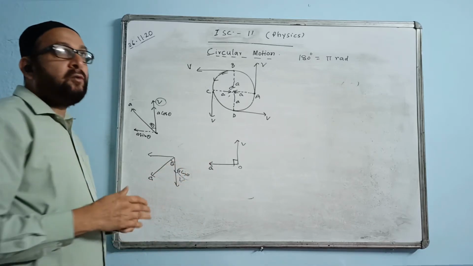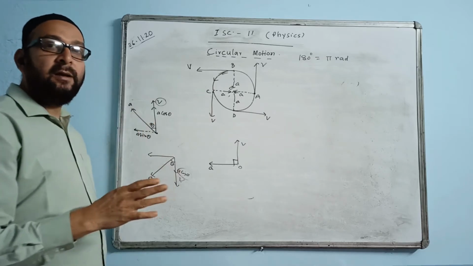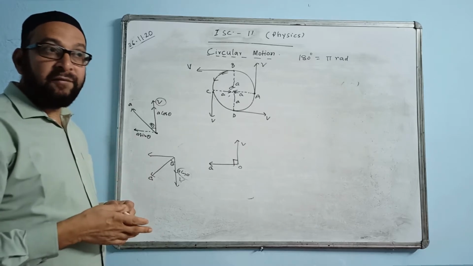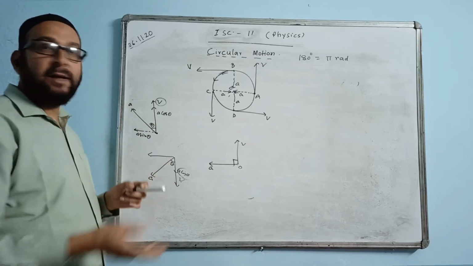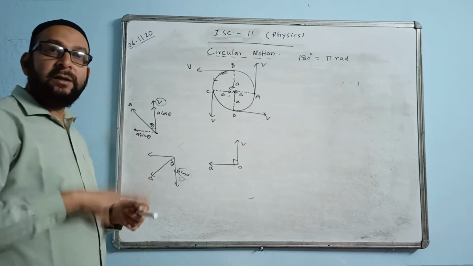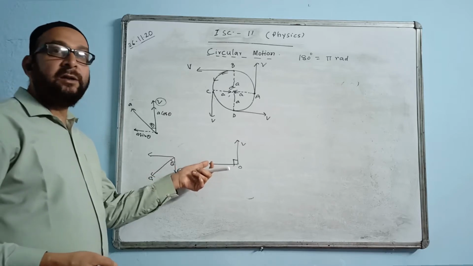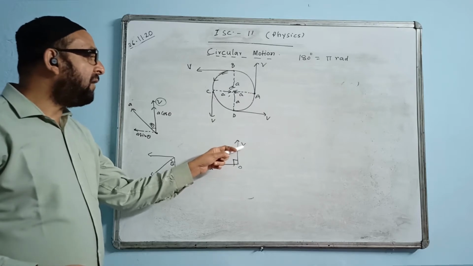I told you last time, when a vector is exactly horizontal or exactly vertical, we cannot break it into another horizontal or vertical component. But if it is making some angle, theta degrees with the horizontal or vertical line, it breaks into horizontal and vertical components. But here it is exactly horizontal. Can it have any component? The answer is no. It is exactly vertical. Can it have any component?